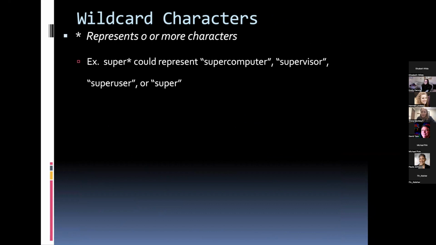If you wanted to list everything in a directory that started with super, you do ls space super and then the asterisk and it would show everything in that directory that starts with super.